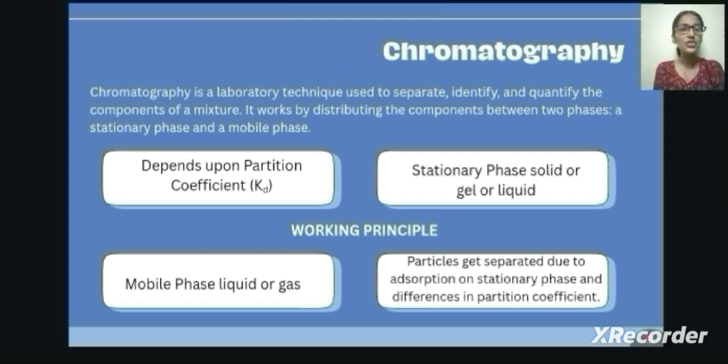It is basically concentration of phase 1 over phase 2. What are these phases? Phase 1 is basically a stationary phase which could be solid or gel or liquid. Then we have the mobile phase which is liquid or gas. What happens is when mobile phase moves over the stationary phase, particles get separated due to adsorption at stationary phase and differences in the partition coefficient.